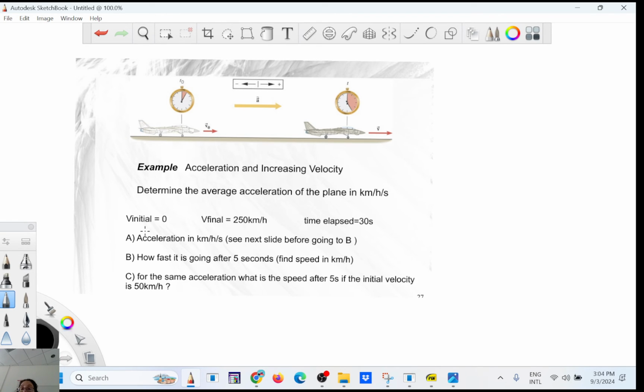When you start your stopwatch, the initial velocity is 0. And then when you stop the stopwatch, 30 seconds later, the final velocity is 250 kilometers per hour to the right. Can you find the acceleration?